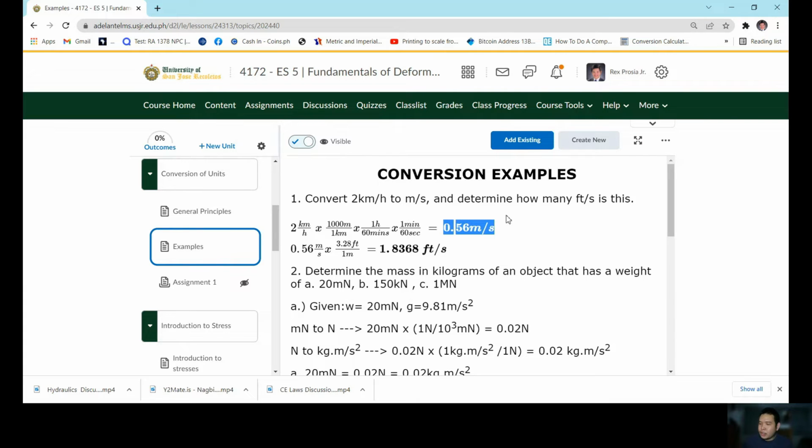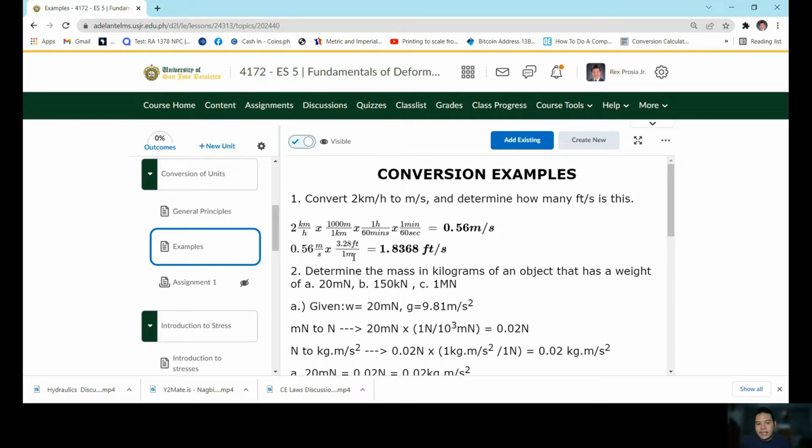Since we have 0.56 meters per second, all we need to do is convert meters to feet, because the second is already good for our units. Converting meters to feet, we just multiply 3.28 feet by 0.56 meters per second.